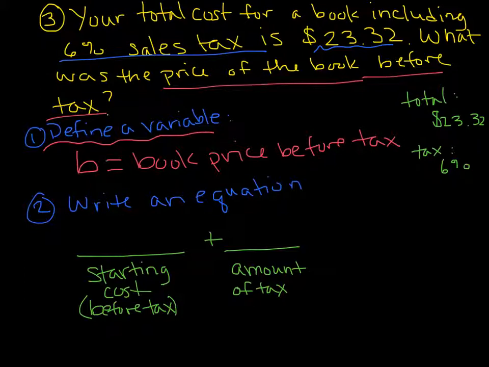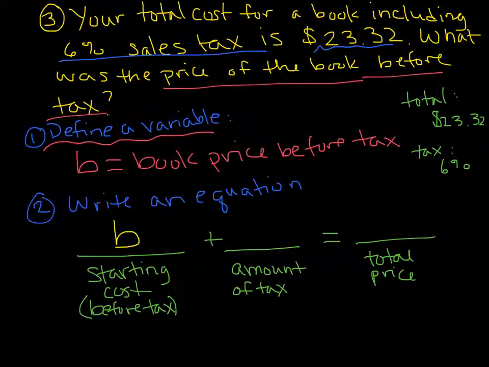This is going to be equal to your total price. So it looks confusing, but I'll go through it step by step. The first thing that we have is our starting cost. The cost before tax, we actually don't know that. So we're going to write that down as B.